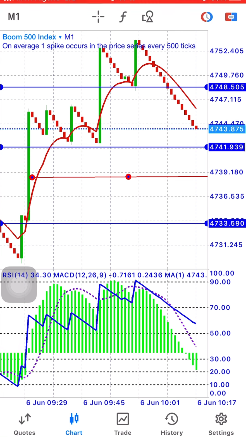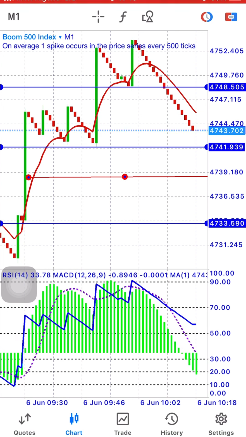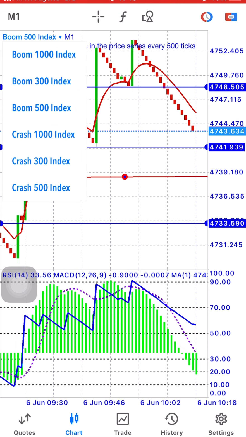Put your TP somewhere here, supposing the trade has crossed to this other side, and take like 2, 3 candlesticks from here and relax. Wait until it comes to this last side of where the resistance is. So this is how to place your trend lines and trade successfully with them. So that's it.